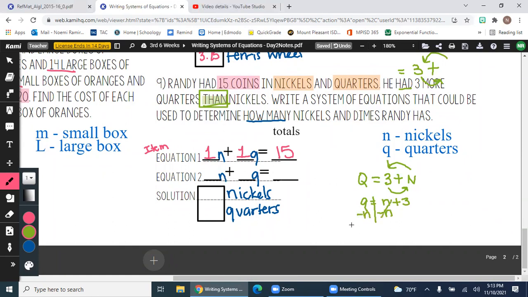N is in front of Q, so make sure you bring down the correct variable first. That does matter. So plus 1Q equals 3. And we end up typing a -1 into the matrix here, +1, 3. So when you get that typed up, you end up with 6 nickels and 9 quarters.